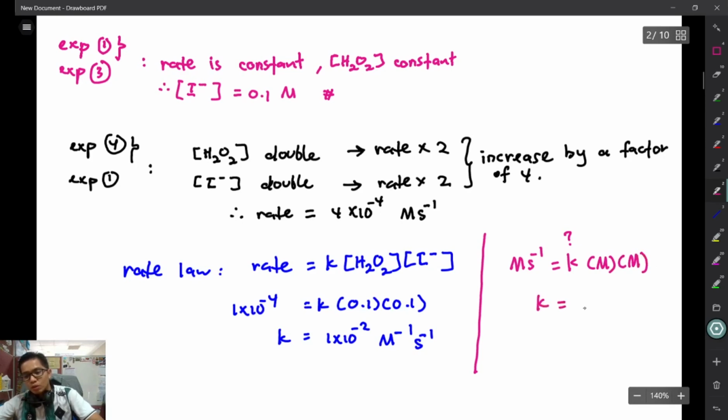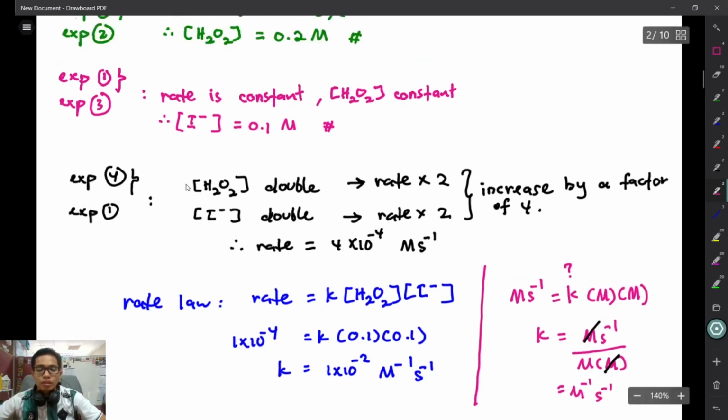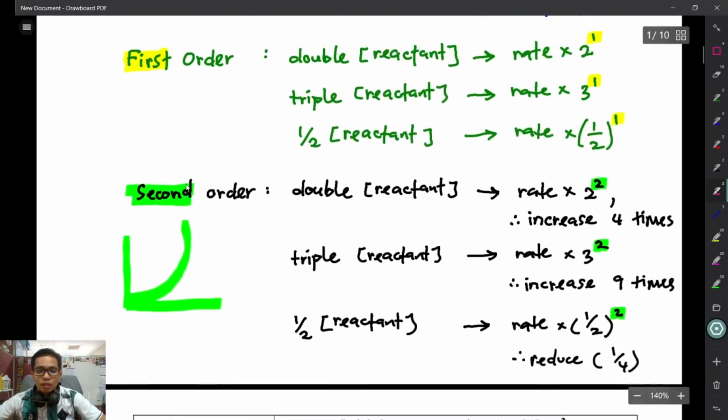So K equals MS minus 1 divided by M times another M. We can cancel out the M, and the remaining will be M to the minus 1 and S to the minus 1. That is for the rate constant.